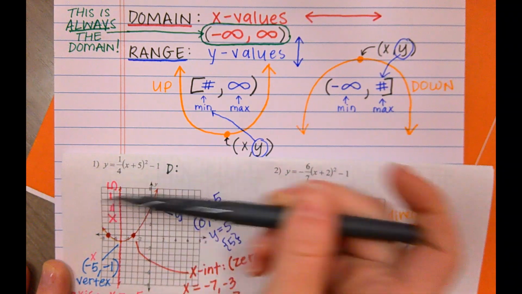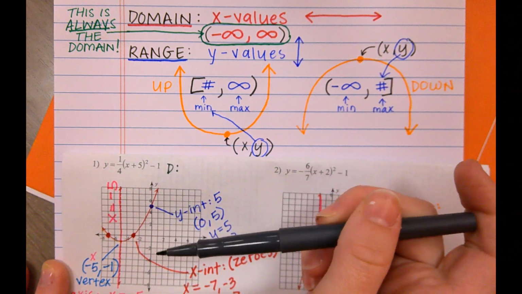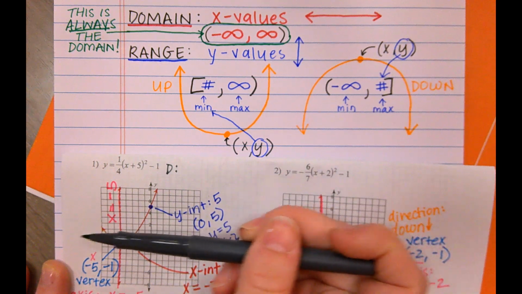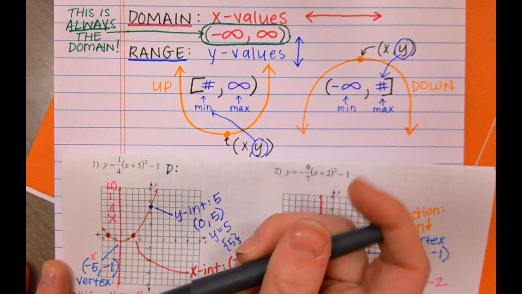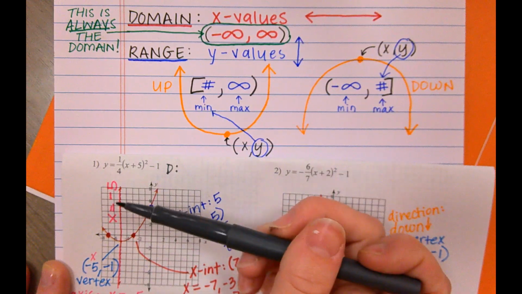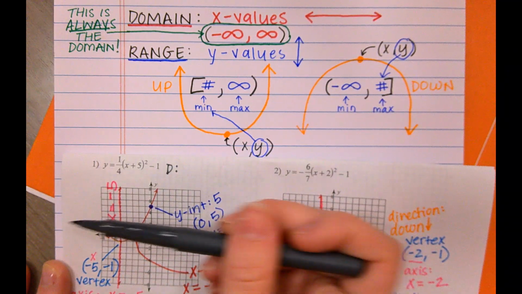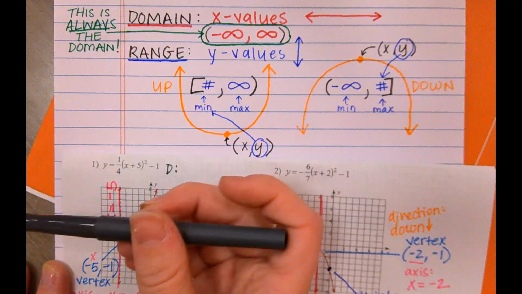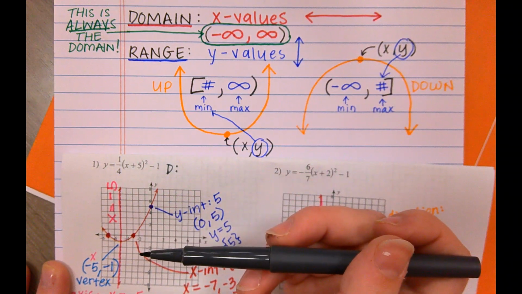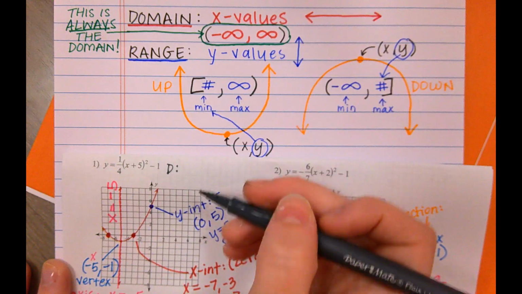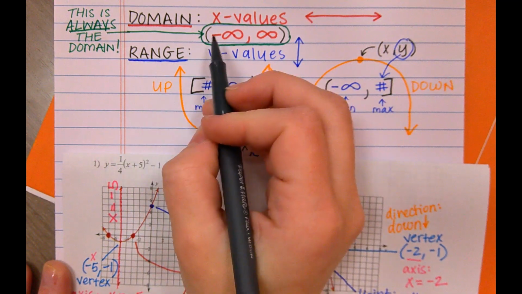Is there a minimum x value? Does this ever stop going to the left? No. So if there's not a stopping point on the x-axis, what does that mean our lowest value is? Negative infinity.